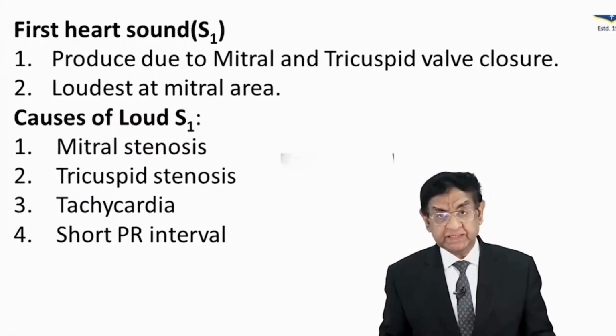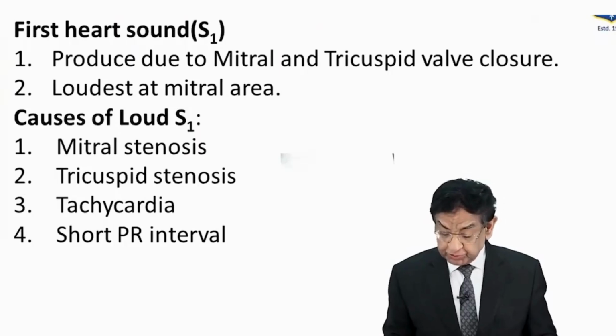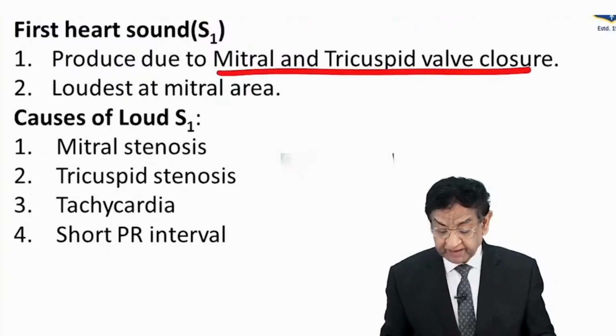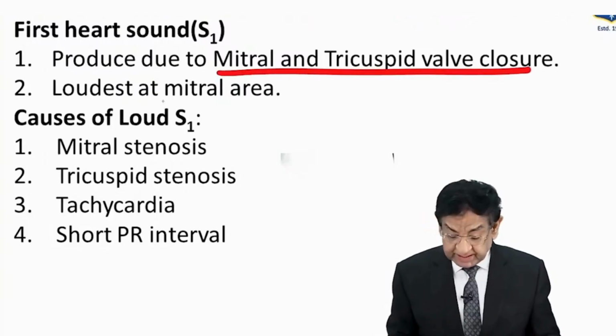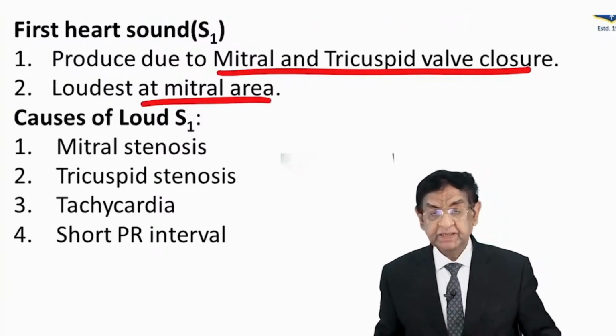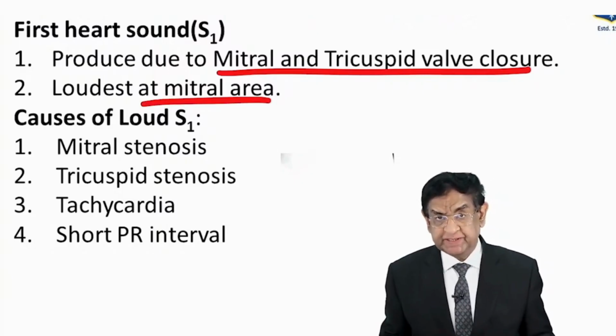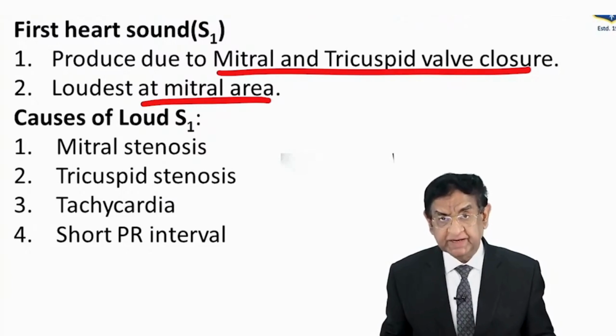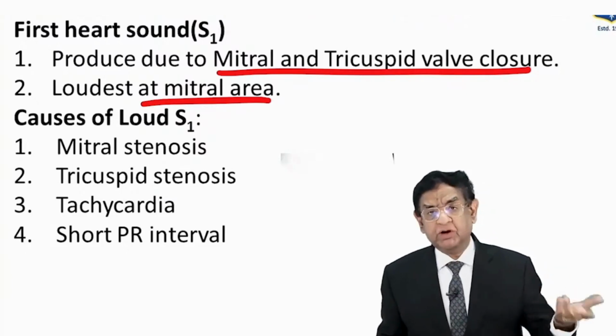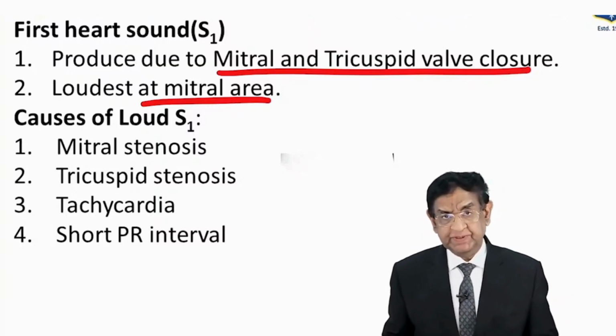First heart sound S1, as I told you, is produced due to closing of the mitral and tricuspid valve, and it is loudest at the mitral area. And I don't need to tell you the mitral area is in the fifth intercostal space at the mid-clavicular line. Now, what are the causes of loud S1?